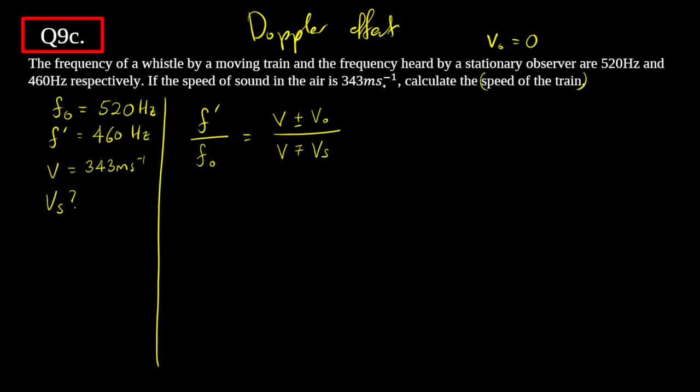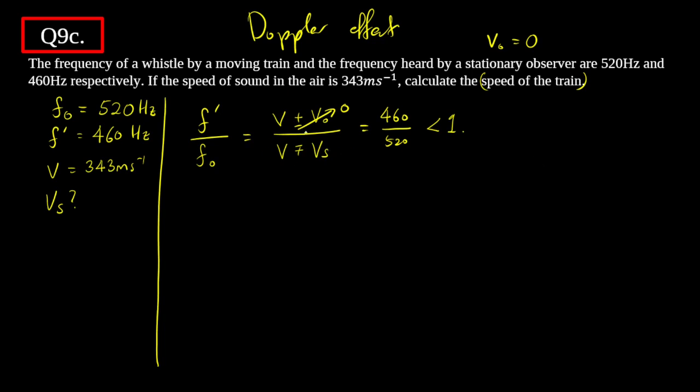Now we have the observer stationary, which simplifies our work. And we have the train moving away from us, because f prime is going to be 460 over 520, and this is definitely less than 1.